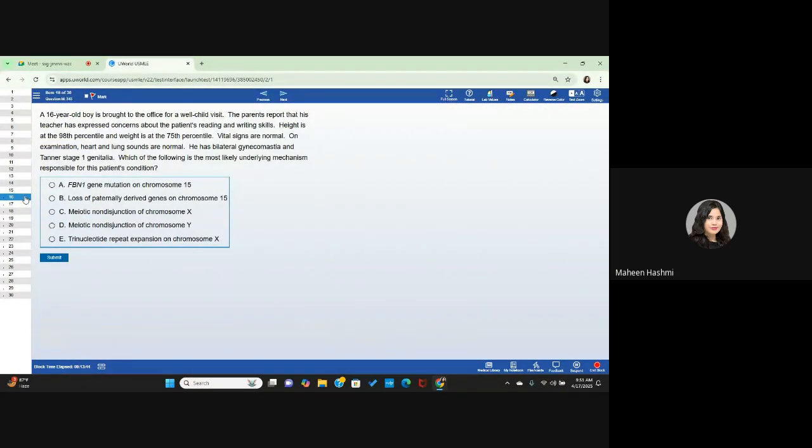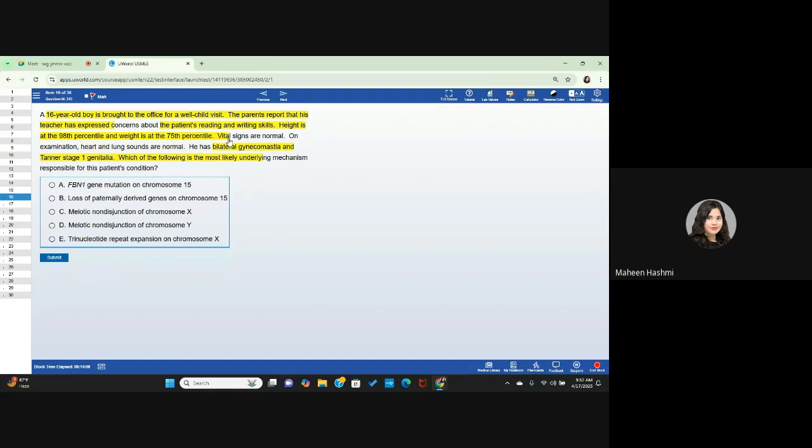All right. On examination, heart and lung sounds are normal. He has bilateral gynecomastia. Whenever they say there is this young boy who comes in with height at the 98th percentile, weight at the 75th, and he's having bilateral gynecomastia, think Klinefelter syndrome.